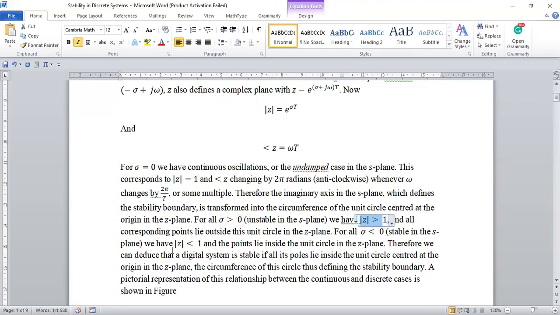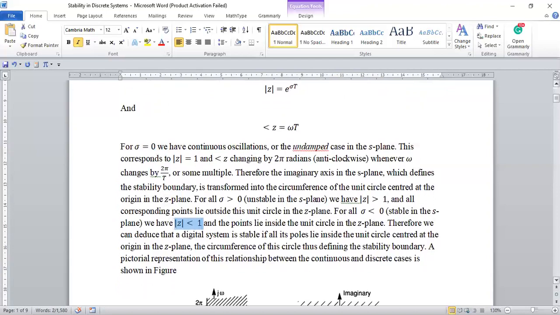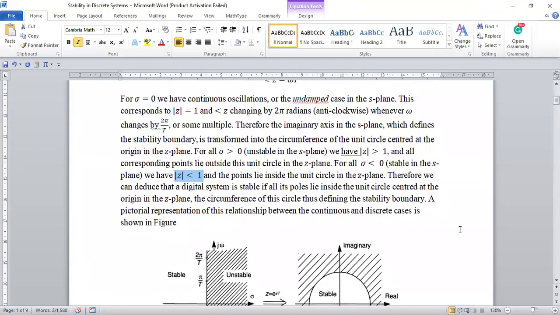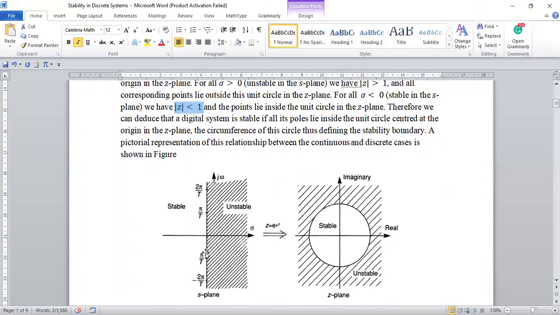In a continuous time case, if sigma is less than 0, that means that the real part of the pole is negative, on the left half plane. We know that the system is stable. Then we translate it into discrete time as the modulus of z being less than 1. So if the modulus of z is less than 1 in the discrete time case, then we say that the system is stable.